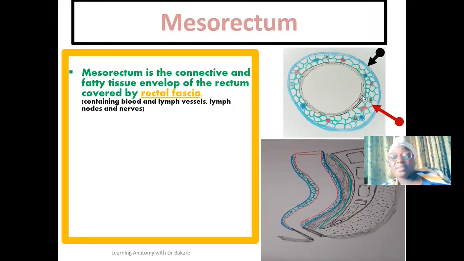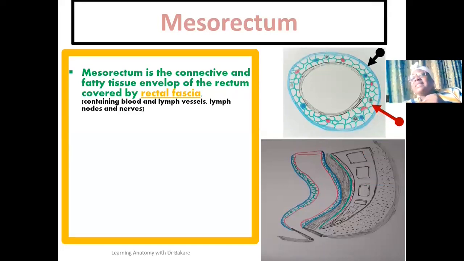The mesorectum is a membrane-bound structure that is seen to surround the wall of the rectum. Even though it has been classified as a retroperitoneal organ, because it is seen with this kind of structural configuration, this is then taken as the mesorectum.